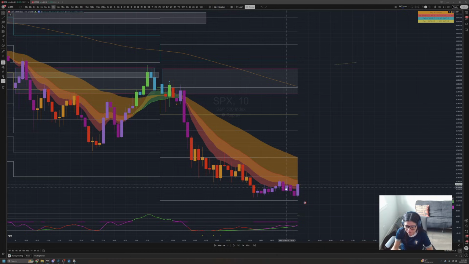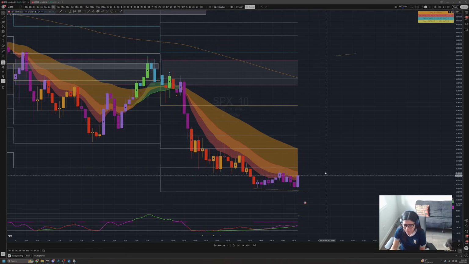So even though right here we had some divergence, we had divergence here, and it was looking like it might want to push up, overall when we have a strong trend day, the PO, the phase oscillator divergence doesn't work as much.